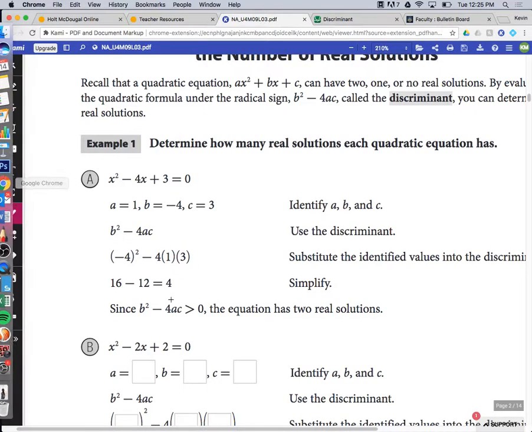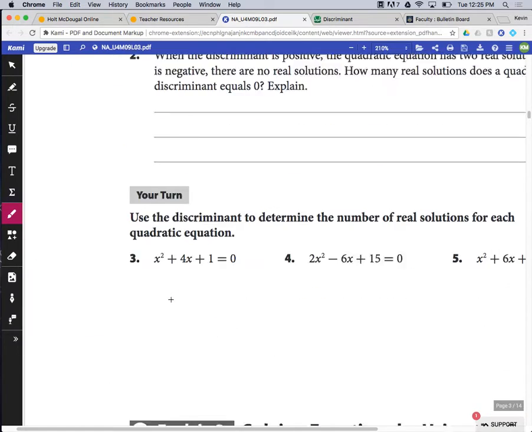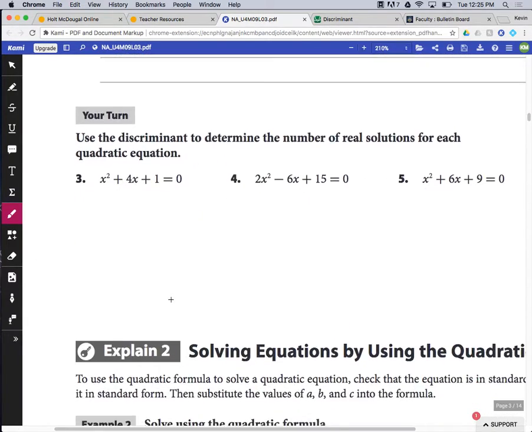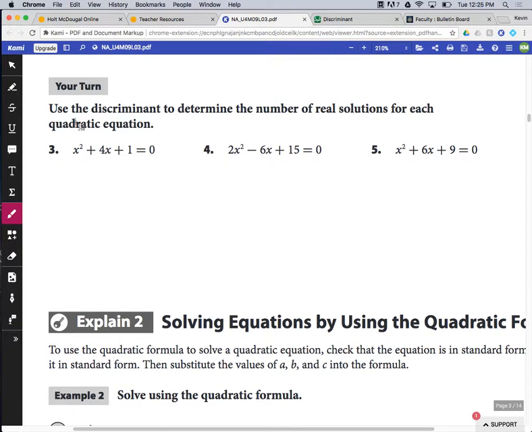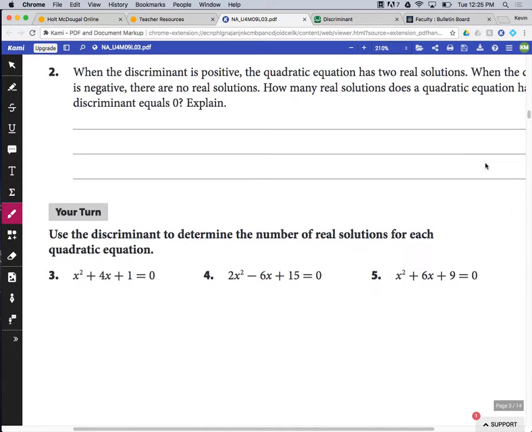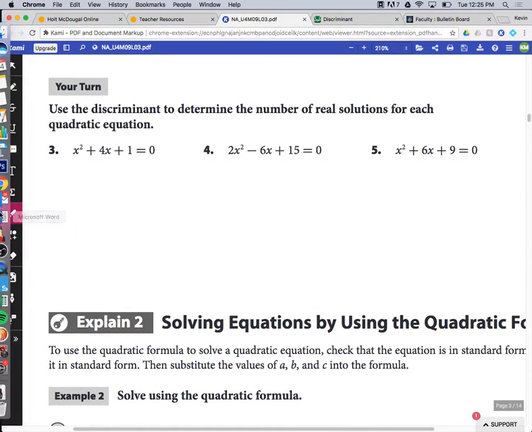All right, so go ahead and do this on your own. Now, you're going to use this exact method to find the discriminant for numbers 3, 4, and 5. On page 383, numbers 3, 4, and 5.